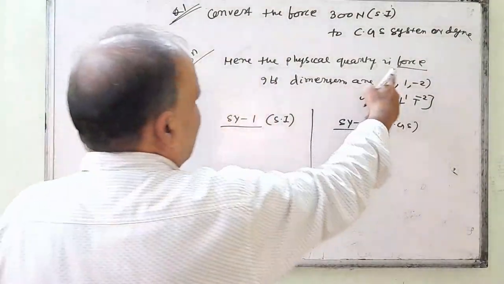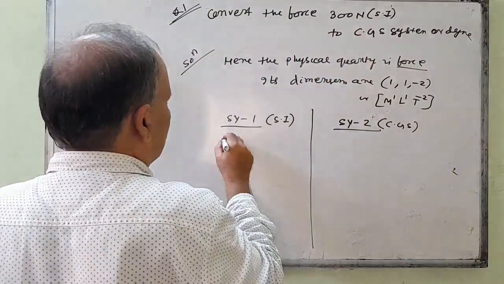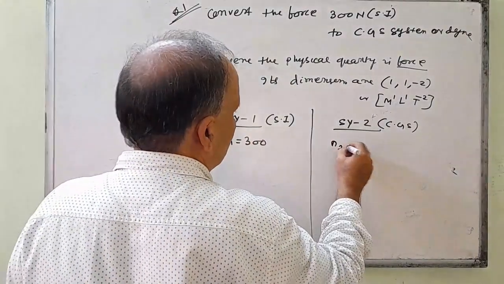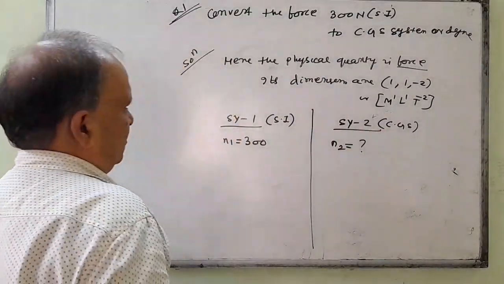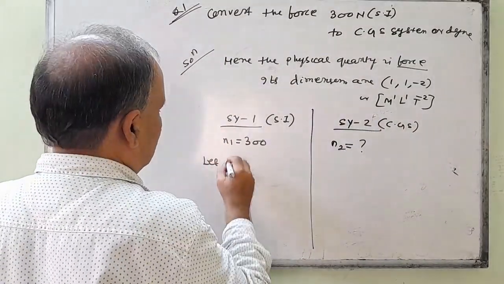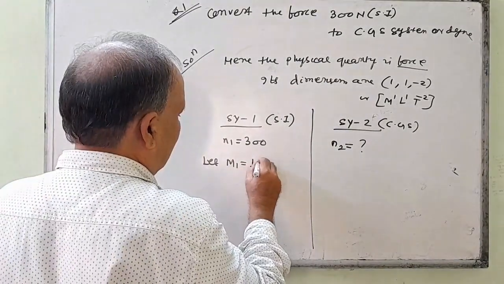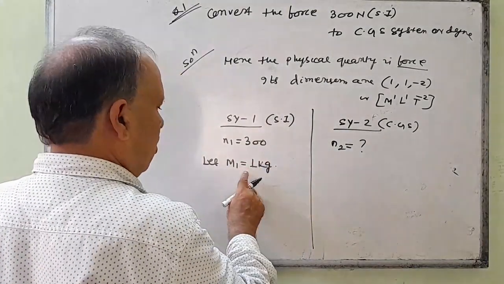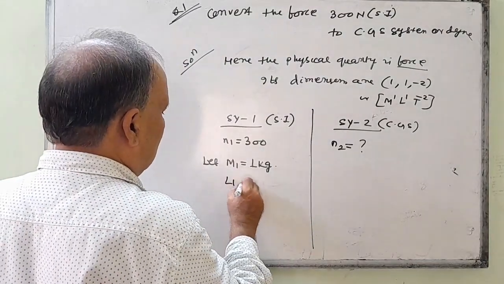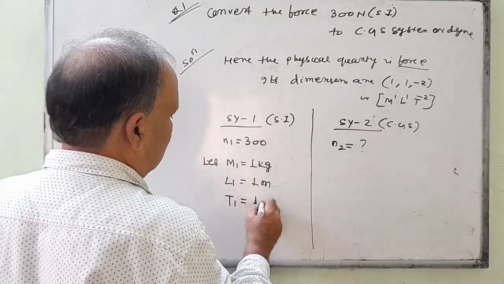You see, in system 1, its magnitude N1 is equal to 300, N2 we have to find. Since it is SI, let M1 is equal to 1 kg, you always take 1 kg, L1 is equal to 1 meter and T1 is equal to 1 second.